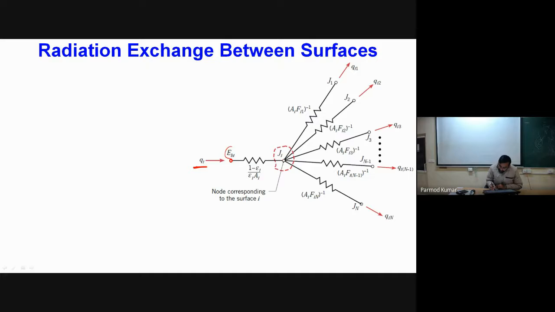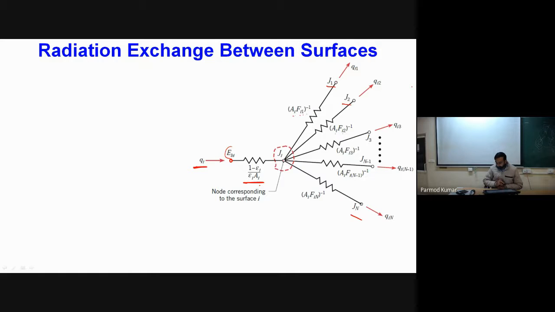So Ebi and Ji, and this (1 minus epsilon i) by (Ai epsilon i) will be acting as nothing but our surface resistance. Now this Ji will be interacting with the radiosities of the different surfaces, which are J1, J2 and Jn, and we will have space or geometrical resistances as Ai Fi1 inverse, Ai Fi2 inverse, something like this.